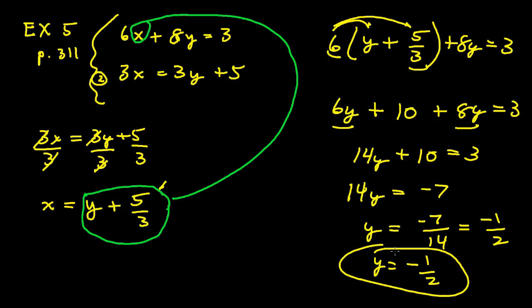What's x? Well, how should I plug in y here? If I use this first equation, I'm going to be multiplying -1/2 times 8, and I think that fraction will disappear, at least temporarily. Let me erase this work here.